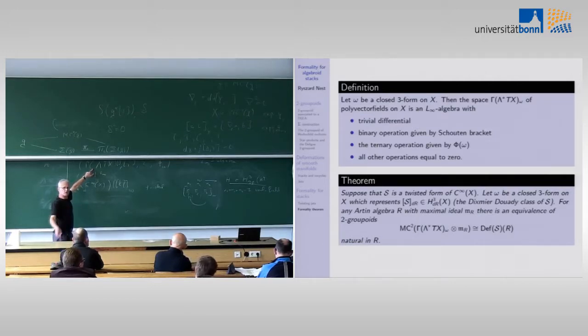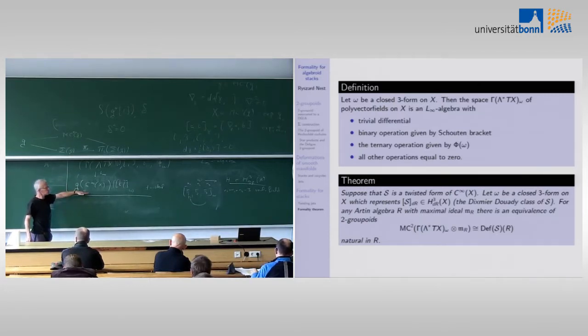So it satisfies all the compatibility conditions you need. And these two are in fact L-infinity equivalent. So there's an L-infinity morphism, which is a quasi-isomorphism. In particular, since this one controls the Zerb deformations of smooth functions, these are the same as Maurer-Cartan elements here.